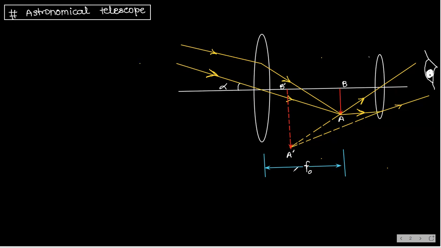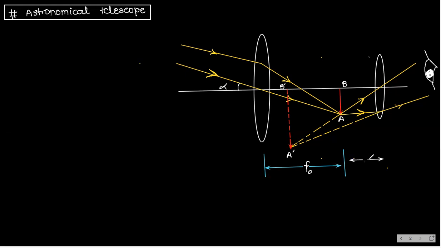Okay, this is F naught, and this image will behave as an object for this eyepiece. So this distance is UE, the object distance for this eyepiece.